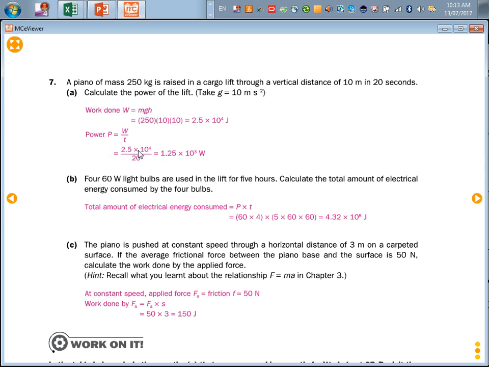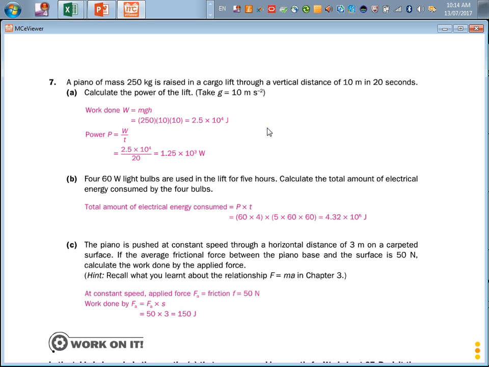Then power is just work done divided by time taken, 20 seconds. Leave your answer in watts because they are all calculated in SI units. Then in this lift, there are 4 60-watt light bulbs that are used for 5 hours.